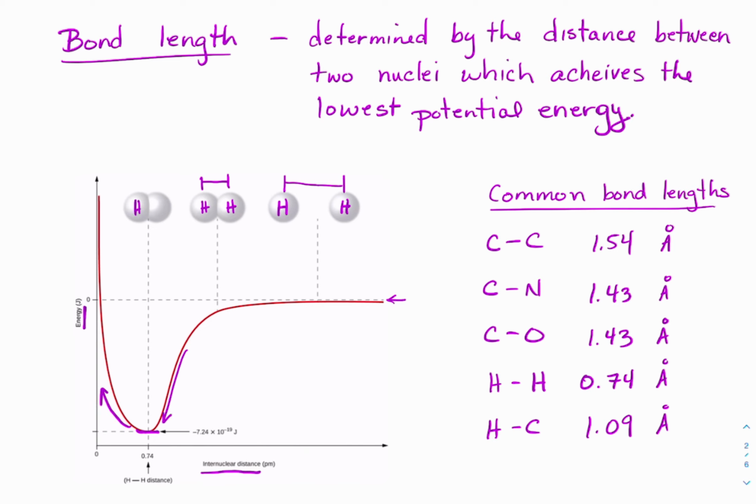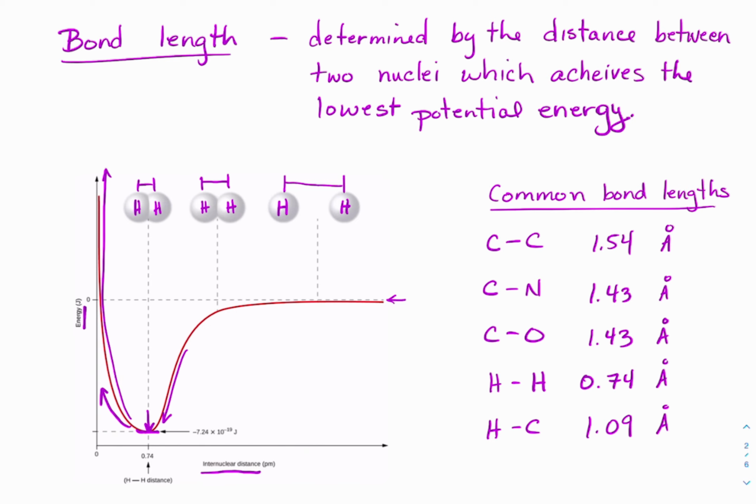The distance between these two nuclei at the bottom of this curve is considered the optimum distance for forming that particular type of covalent bond between those two types of atoms. As you push the nuclei closer and closer, the potential energy dramatically increases, so much so that it would not be energetically favorable for them to be that close in distance.